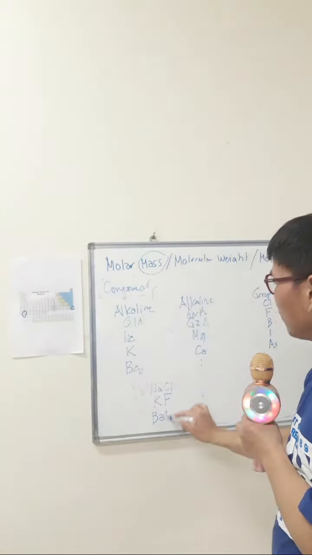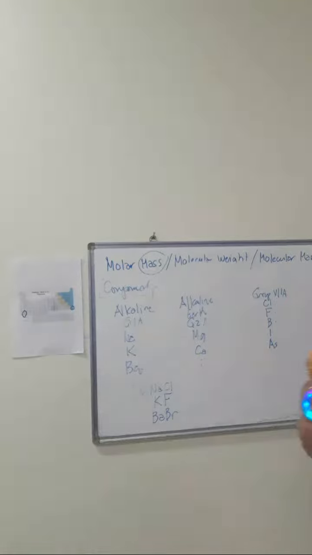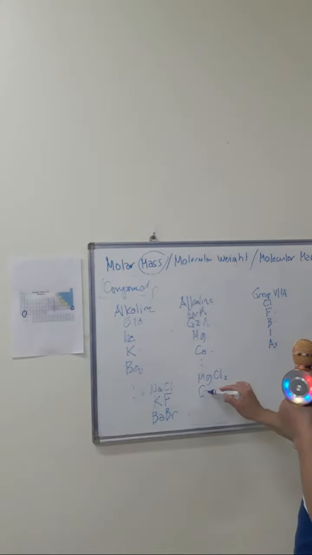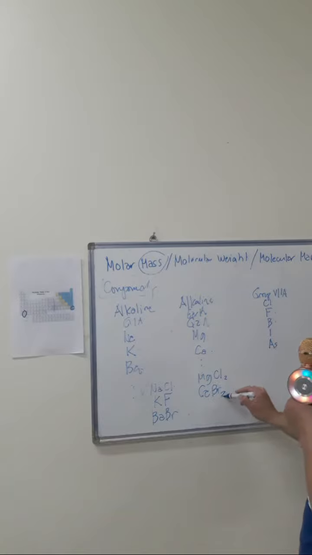Magnesium plus chlorine gives magnesium chloride. Magnesium is positive 2, so you have to put 2 here, exchanging the charges. Then we have calcium bromide, so I also put 2 here. And group 0 will never react.